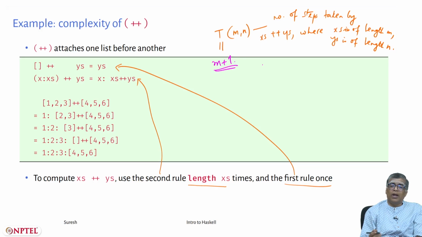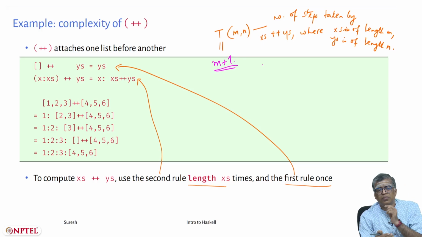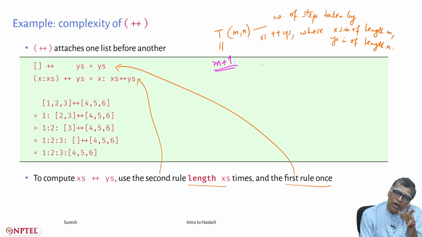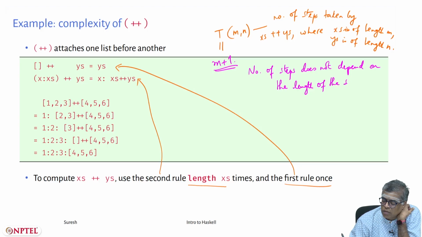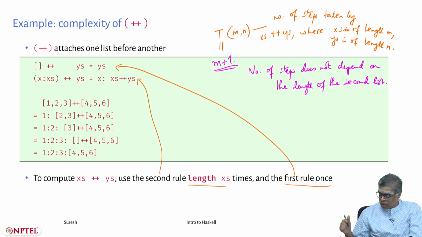Okay, and it is clear from the definition of plus plus also that the number of steps does not depend on the length of the second list. It does not depend on the second list at all. Okay, good.